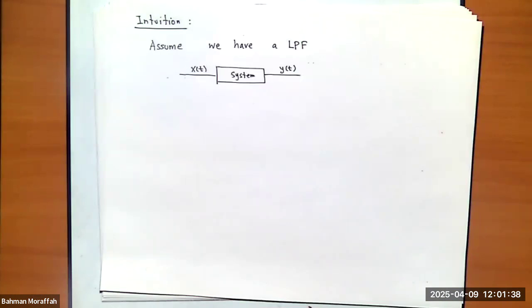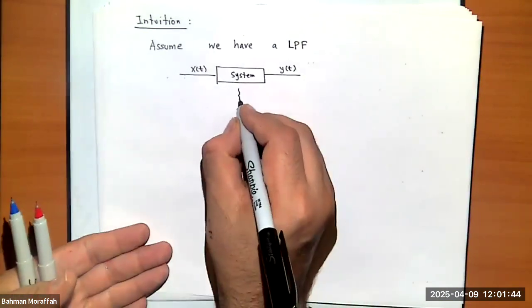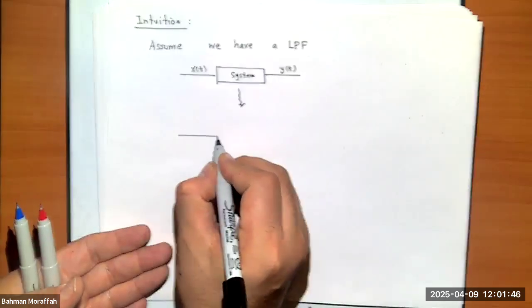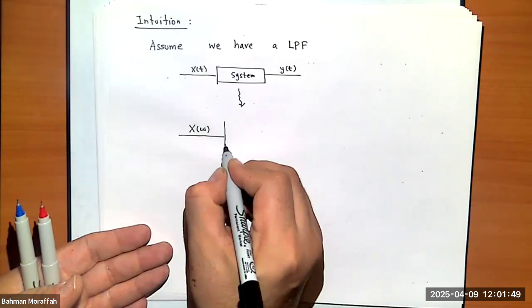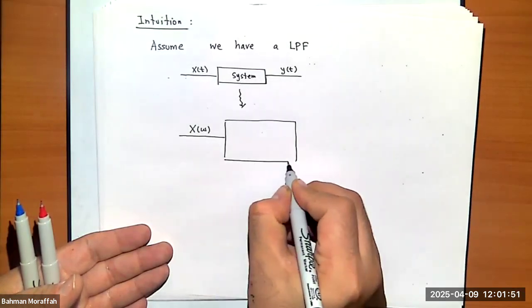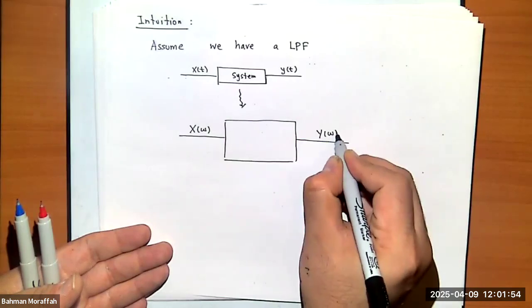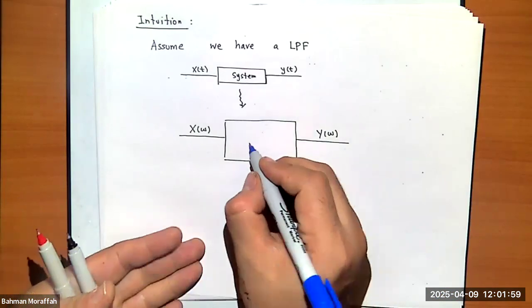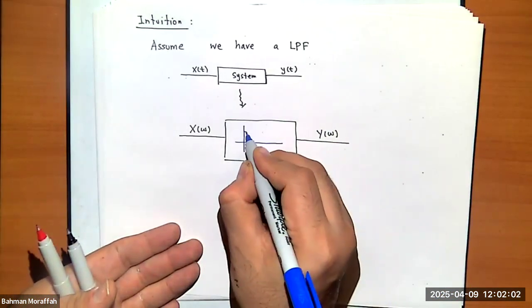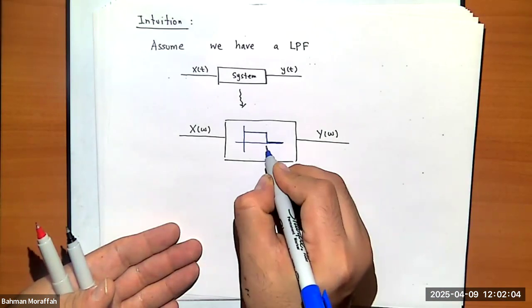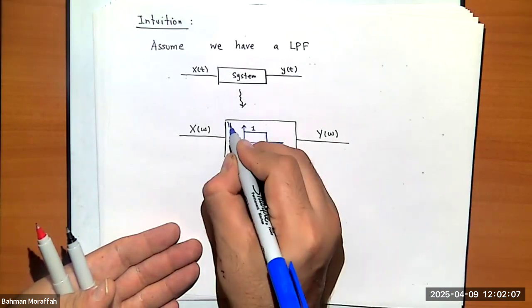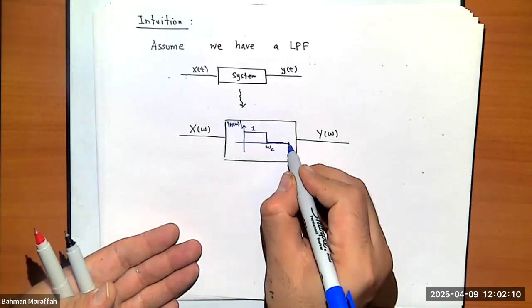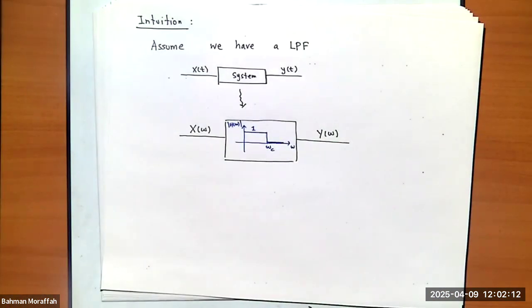My system in this case is a low pass filter. To analyze it, I go to the frequency domain. So I get this x of omega, I get my system, and I have this y of omega. We assume our system is a low pass filter, so we know it should look like this. What is my output? What is y of omega?